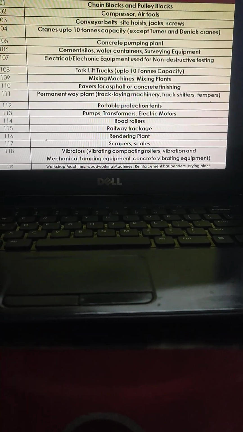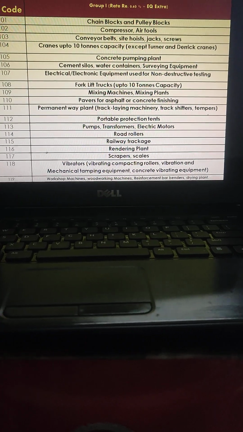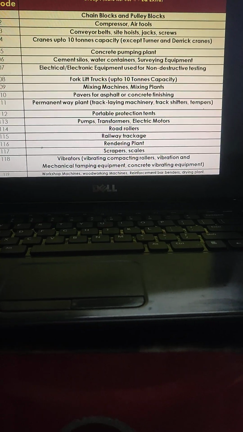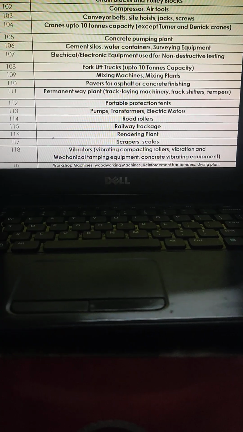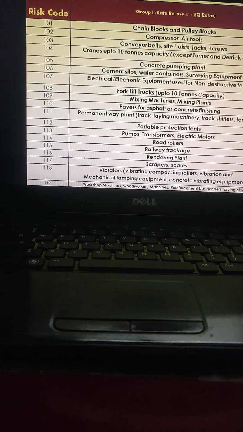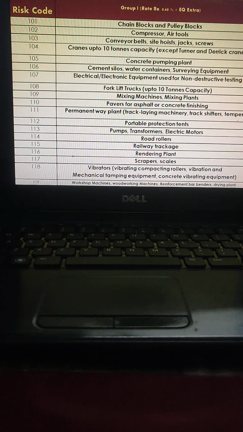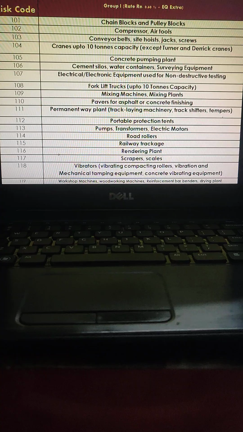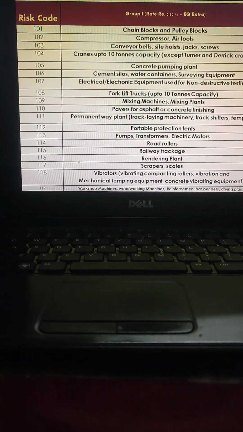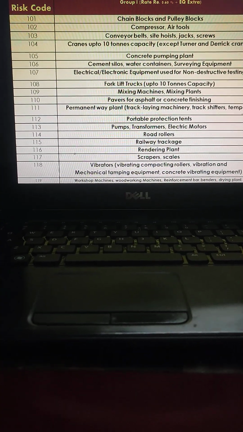In the first group you will find machineries like chain blocks, compressors, conveyor belts, crane up to 10 ton capacity, concrete pumping plant, cement silos, railway trackers, scrapers, road rollers, portable protection tents, like that. All these machineries are coded. So under group 1 the machineries are coded like 101, 102, 103, etc. Rate is 0.60% plus earthquake. The rate is dependent upon the insurer, whatever discount they can provide.